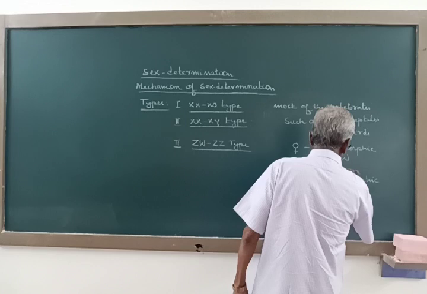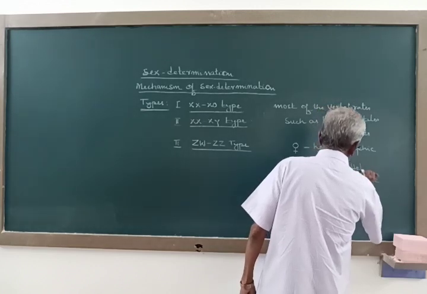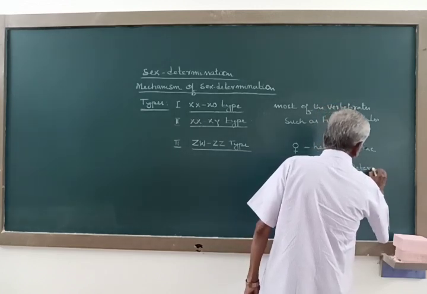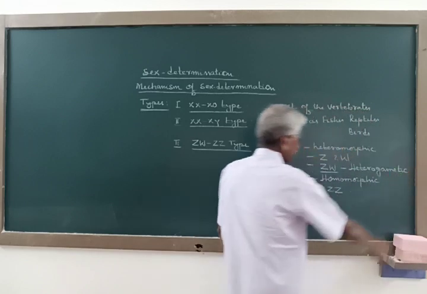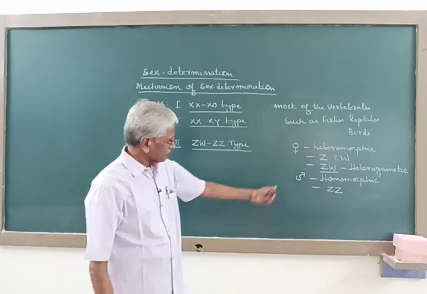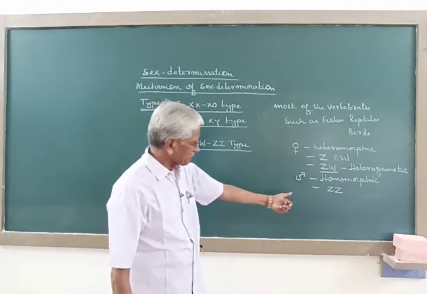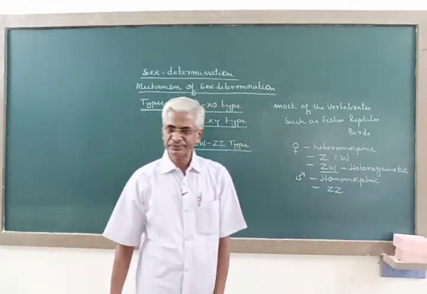And hence here the female is heterogametic. Female is heterogametic, whereas male produces identical sperms.